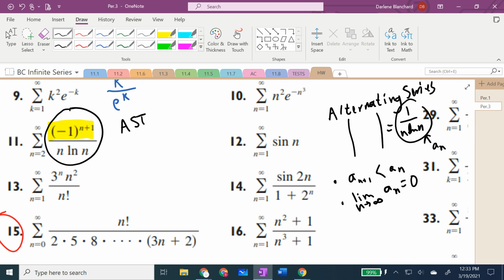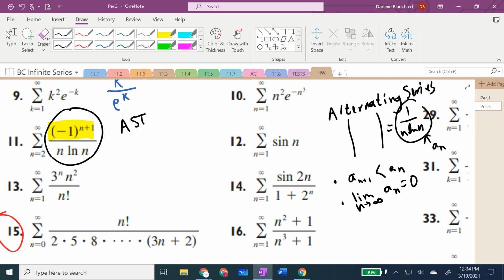I'm telling you from looking at several AP exams over time, you might run into one problem in the entire exam that deals with conditional versus absolute convergence. Minor chance that you'll run into 2 problems total. Most of what you're going to work with is just plain old converge diverge.